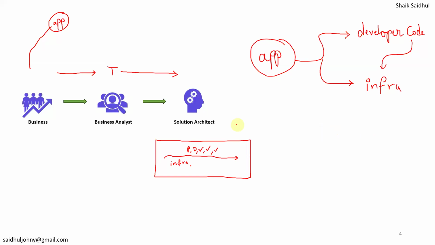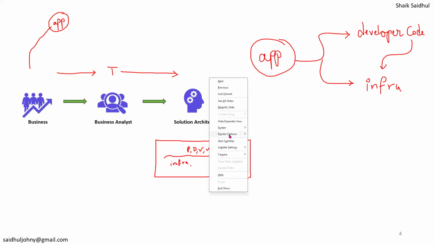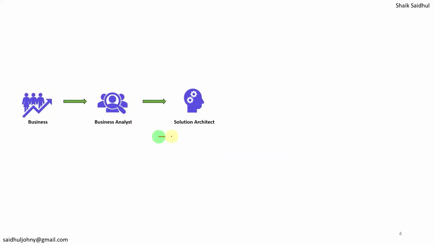So while the solution architect is designing the architecture to be followed for the deployment of the application, he will mention all of these details in the architecture diagram. You can think of this as an architecture diagram where everything is mentioned for the deployment of the application.